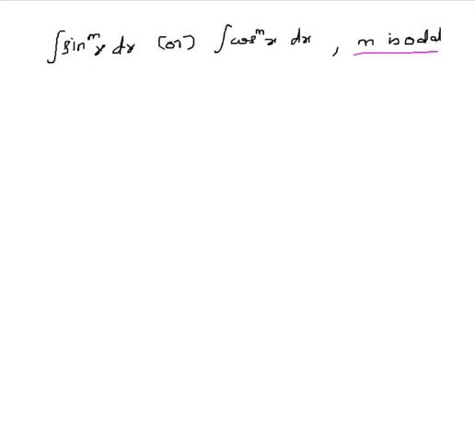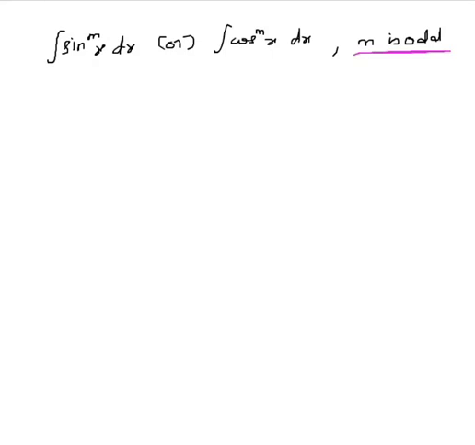Now we will learn the next method. Write down in the formula notebook. Integral of sine power m x dx or integral of cos power m x dx where m is odd. The previous method was where m was even.